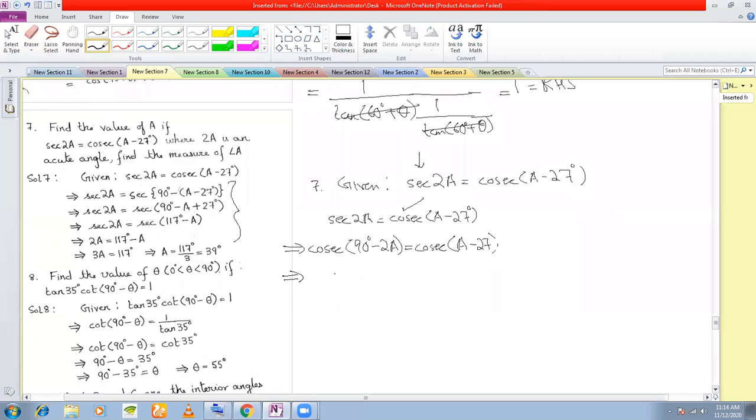So what happens? Both sides you have cosec. Again, a cosec will not cancel. I'm writing this 90 minus 2A is equal to A minus 27 degree. Does not mean that I am cancelling the cosec. Cosec do not cancel each other. Okay. Just remember that. Don't give the cancellation sign.